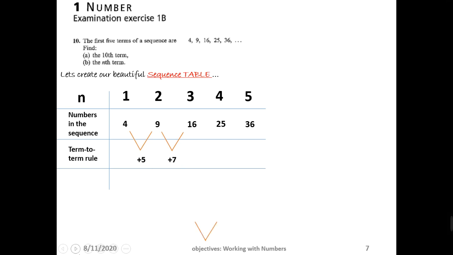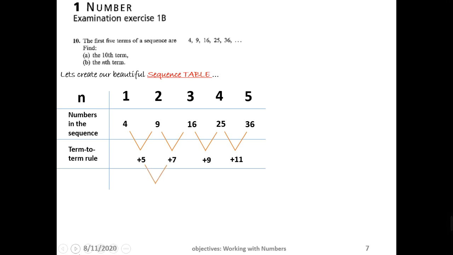From 16 to 25, we're adding 9. From 25 to 36, we're adding 11. As you can see, the term-to-term rule is not consistent. It's not increasing by the exact same number. So that's why we have to go to the second degree of the term-to-term rule.